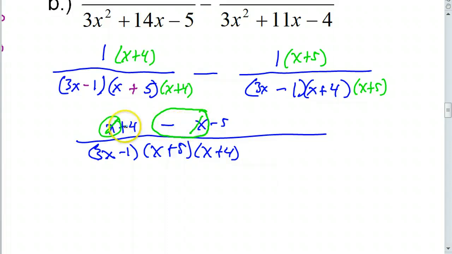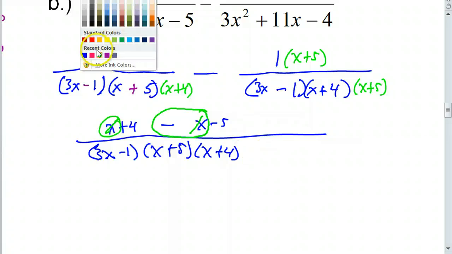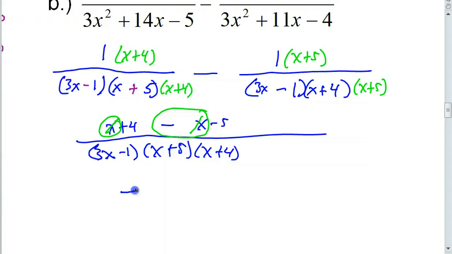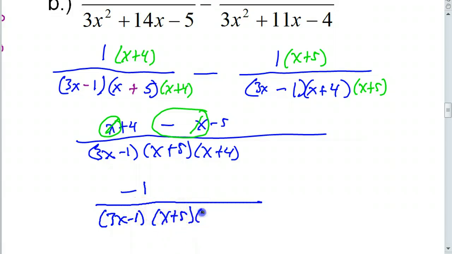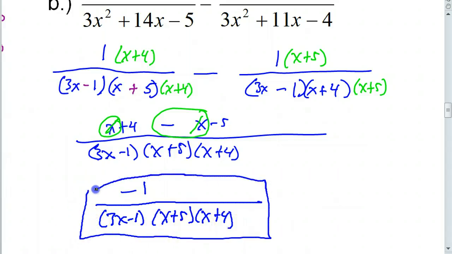And then I have 4 minus 5, so that's negative 1. So I'm just going to have negative 1 over 3x minus 1 times x plus 5 times x plus 4. So that would be the final answer for that one.